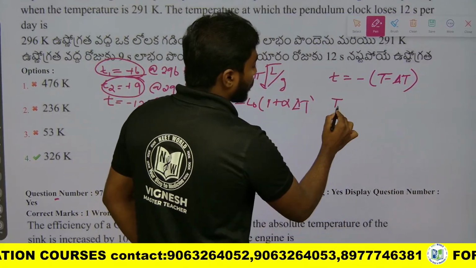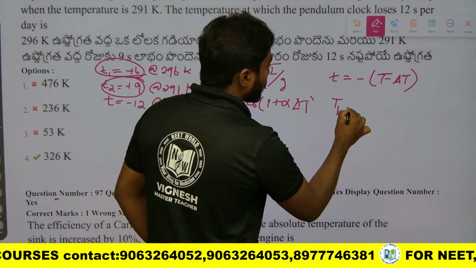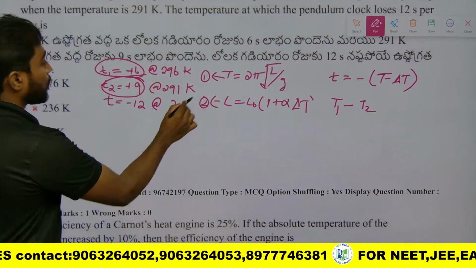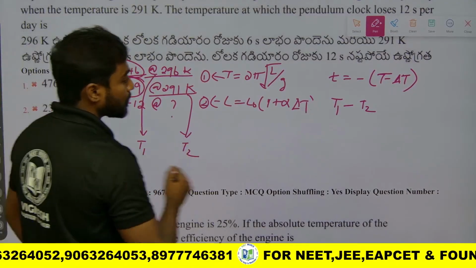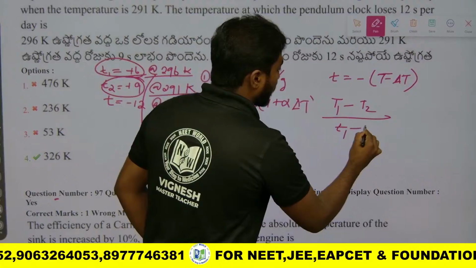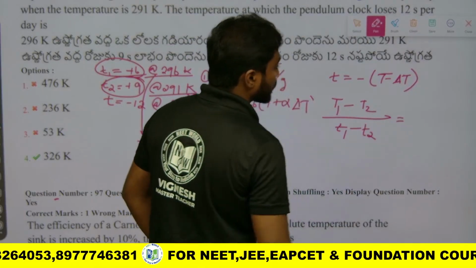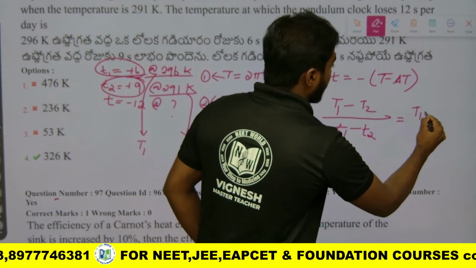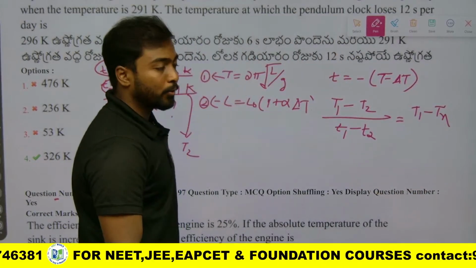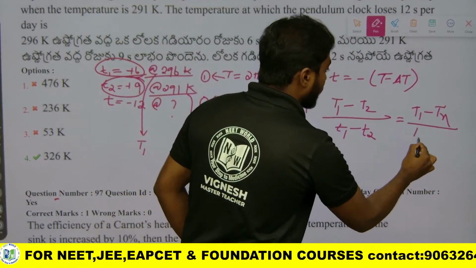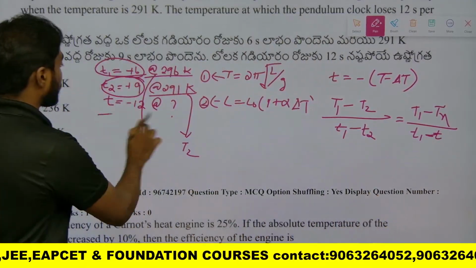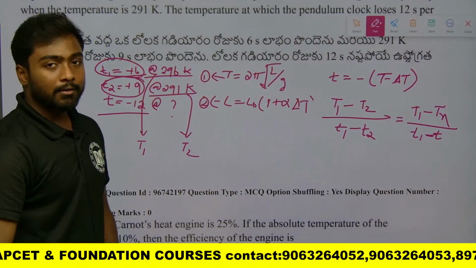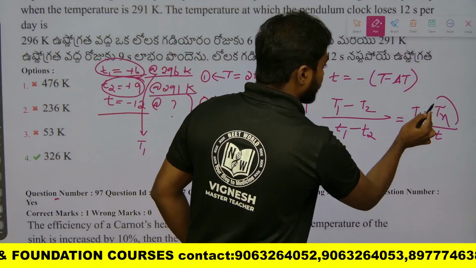The temperatures T1 and T2 we know, and the times T1 and T2 we know. So (T1 minus T2) divided by the time difference equals (T1 minus Tx) divided by the given time difference. Now I can find what is Tx.